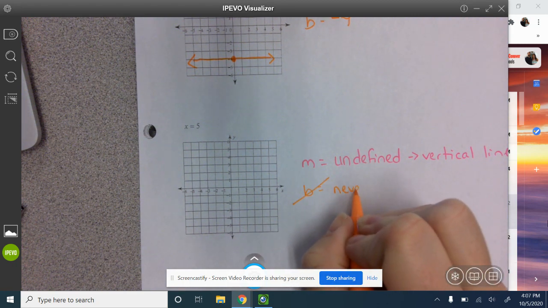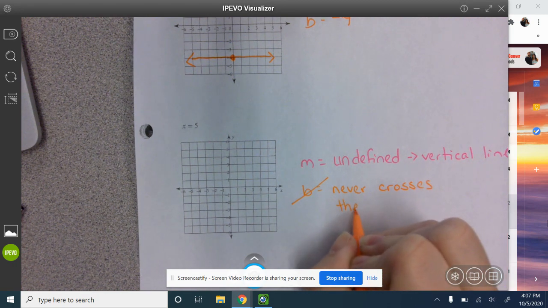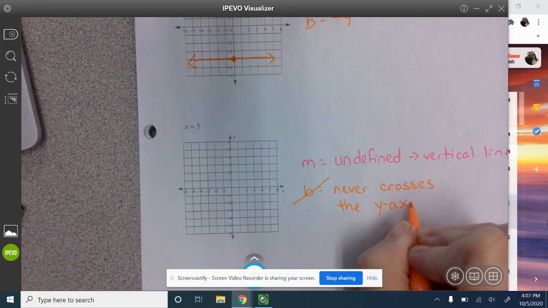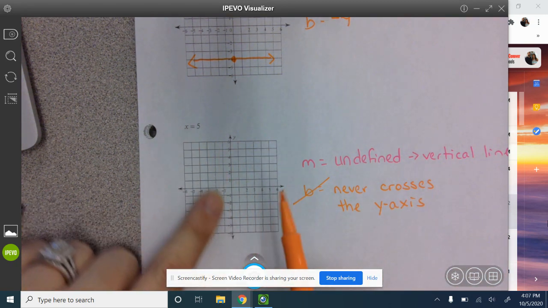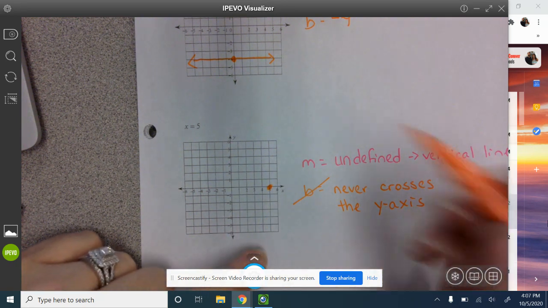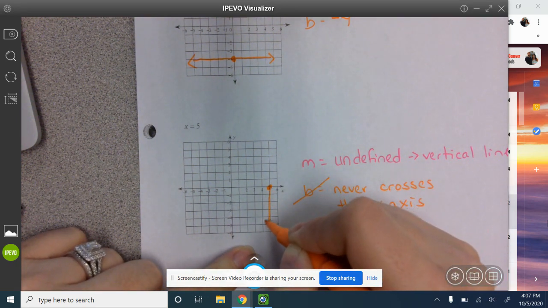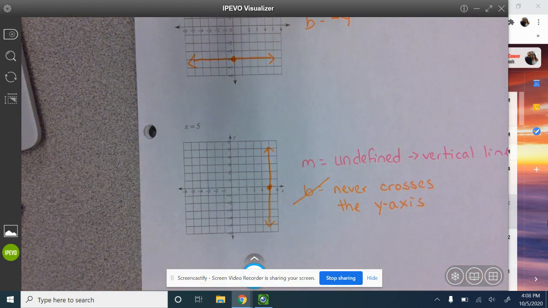It never crosses the y-axis. So to graph this, I'm going to go to where x equals 5. I'm going to put a dot. Since I know it's a vertical line, I'm going to draw my line straight up and down. And that's all you would do to graph that line.